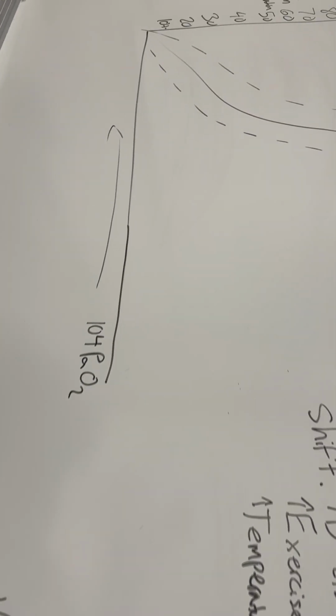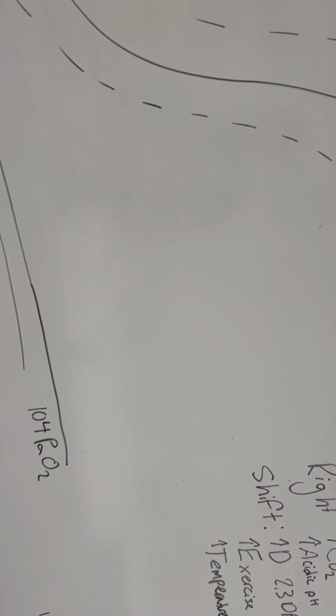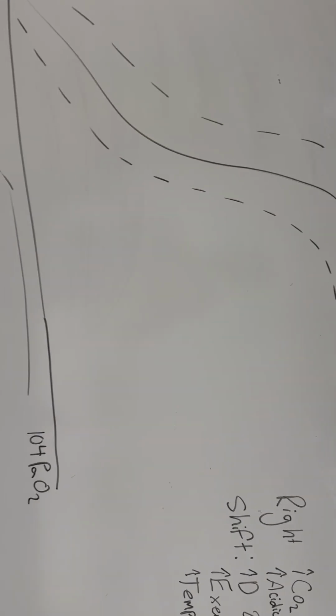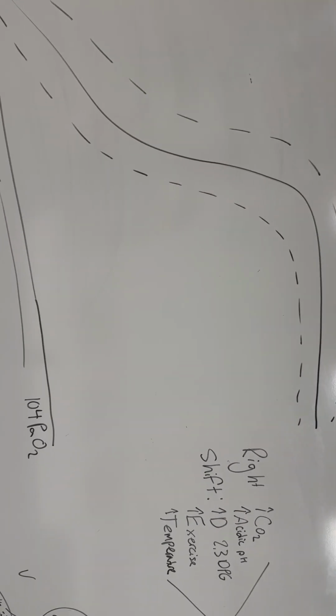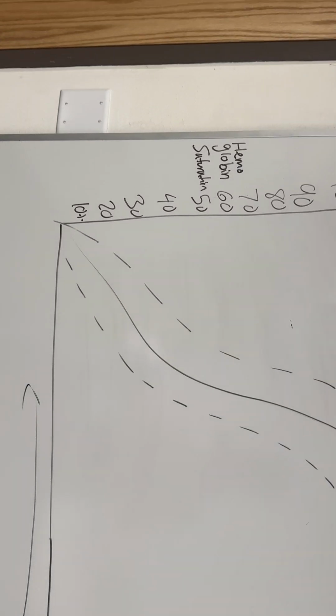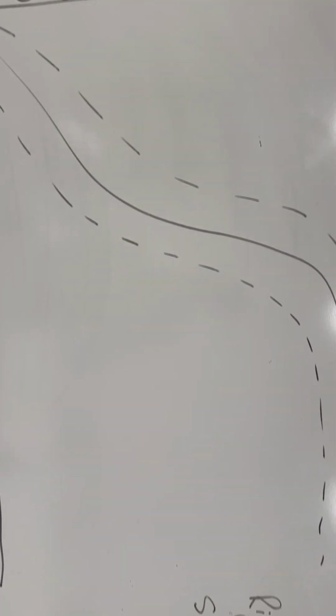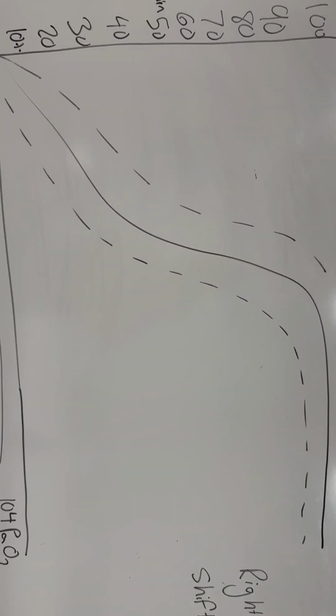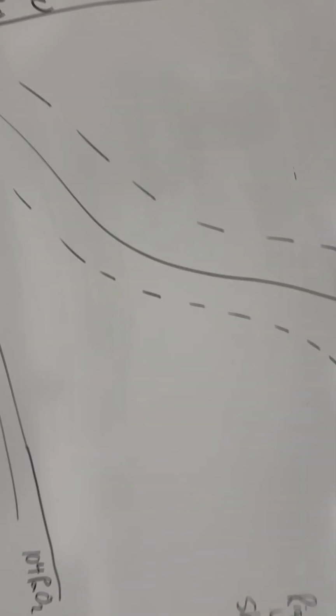So then we have our hemoglobin dissociation curve here. So what this is saying is that basically you can have a pretty big change in the partial arterial pressure of oxygen before your hemoglobin saturation starts to drop, right? But then it drops fast.